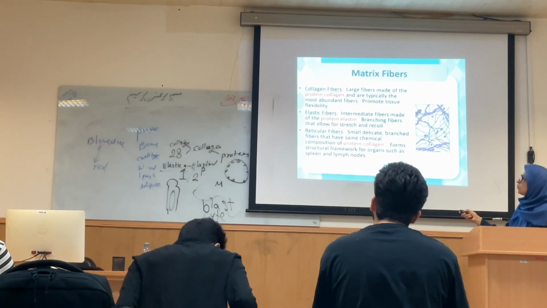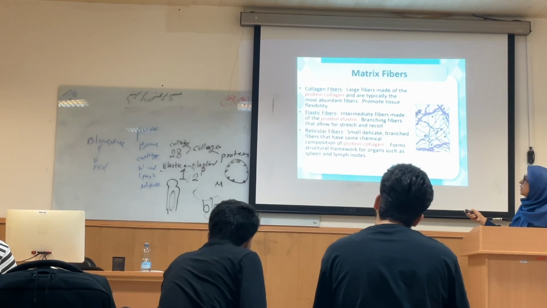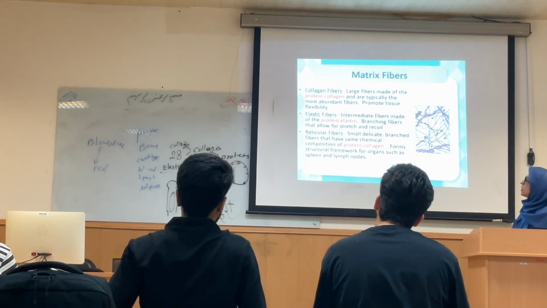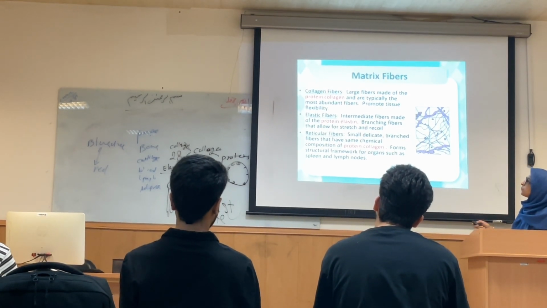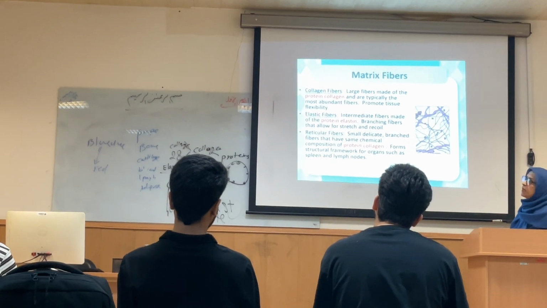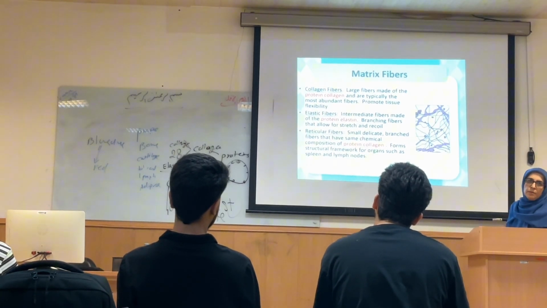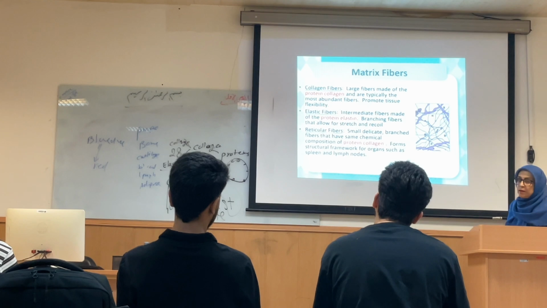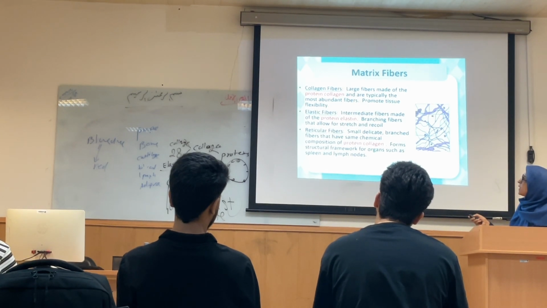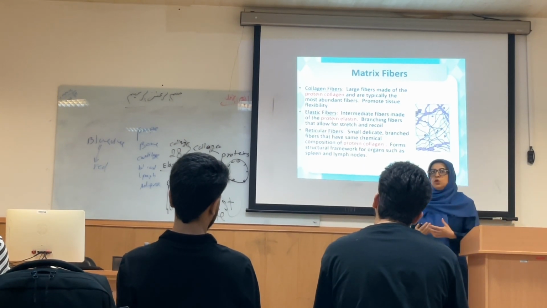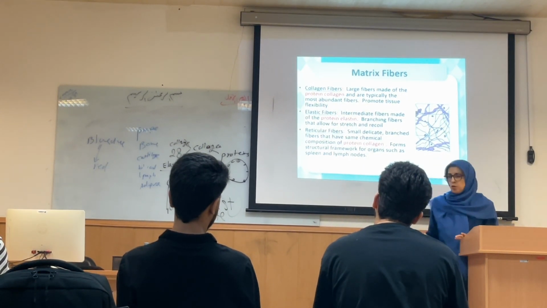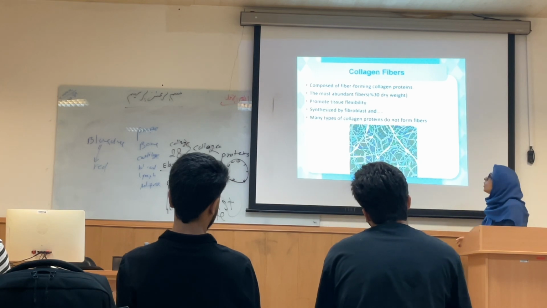Collagen fibers are more abundant in the body, mainly collagen type 1. But the elastic fibers include the elastin proteins and are in some organs that need stretching and also relaxing.